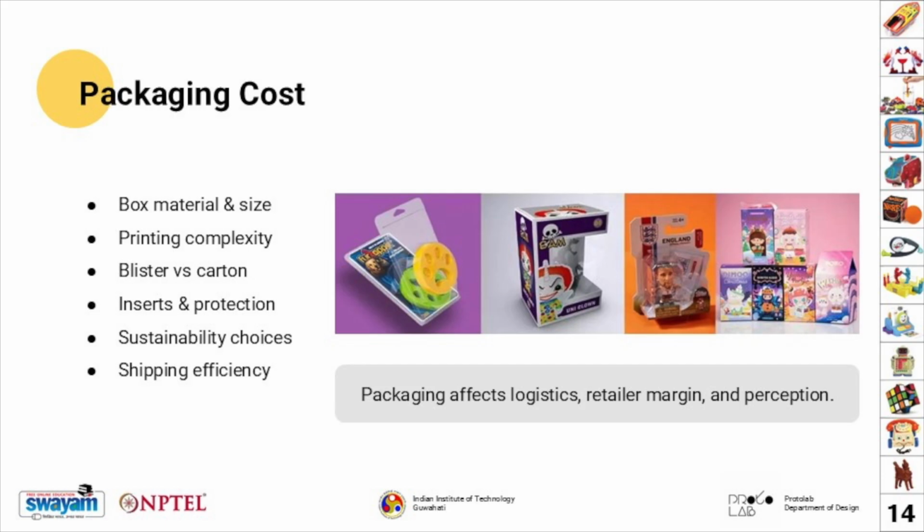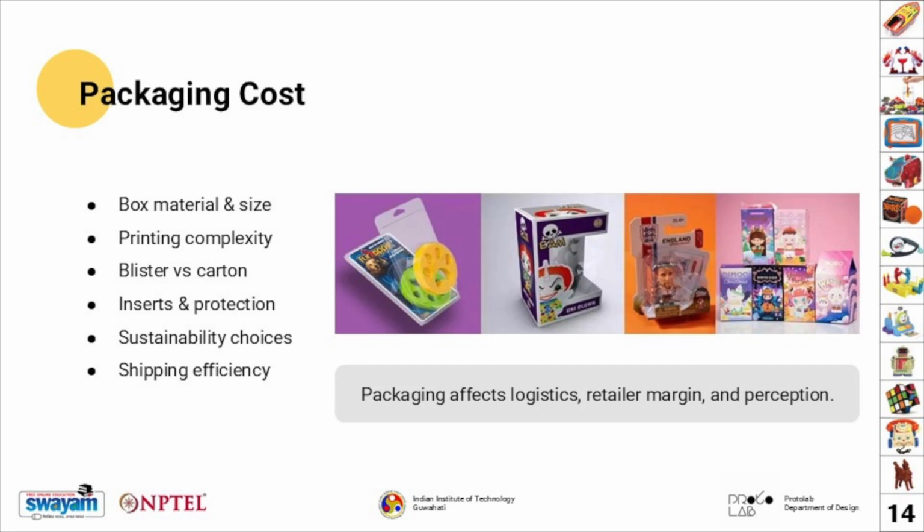A full color offset printing box with matte lamination and spot UV feels luxurious, but it costs significantly more than a two-color corrugated carton. If you add metallic ink or embossing, that requires additional processes and setup charges.